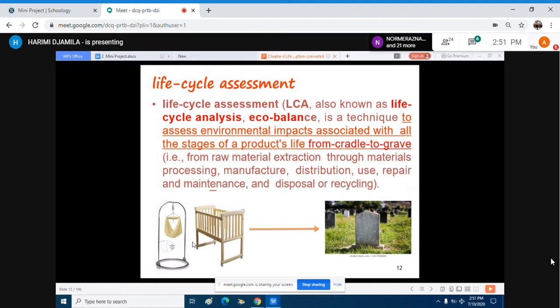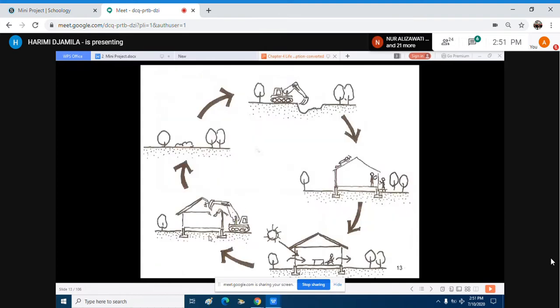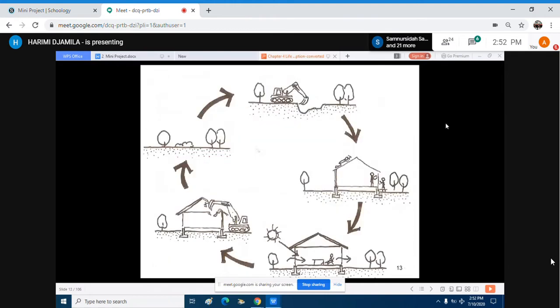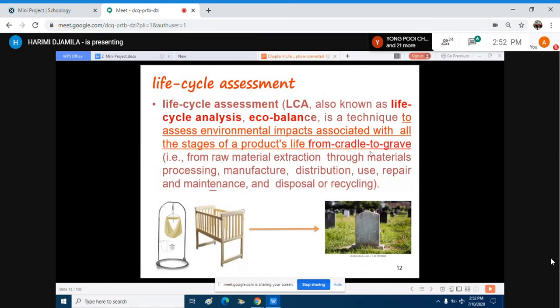I draw it here, since you are engineers: the time you come the first time, the construction site. So this one is supposed to be from cradle. You do the assessment from cradle to the demolition part, the last part, to grave.